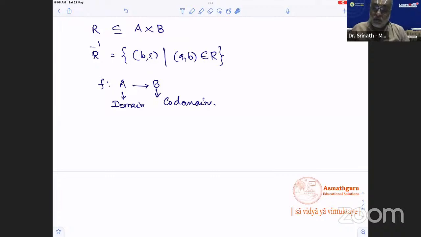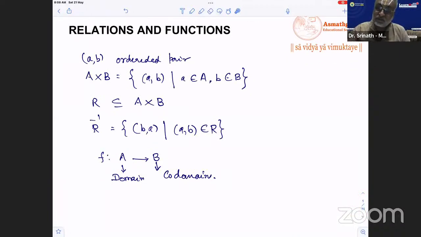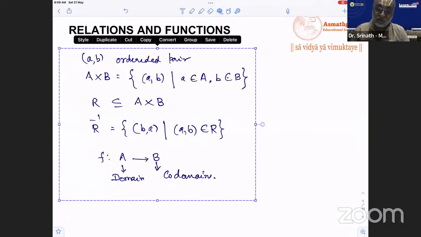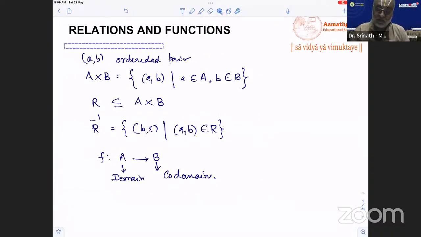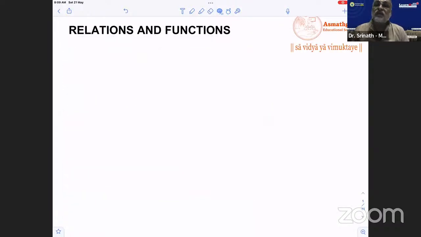Now, after that, we have already studied some graphs of functions also. What are those graphs of functions? For example, you have studied the mod x graph. What is this mod x graph? How does it look? It's a V-shaped graph like this.